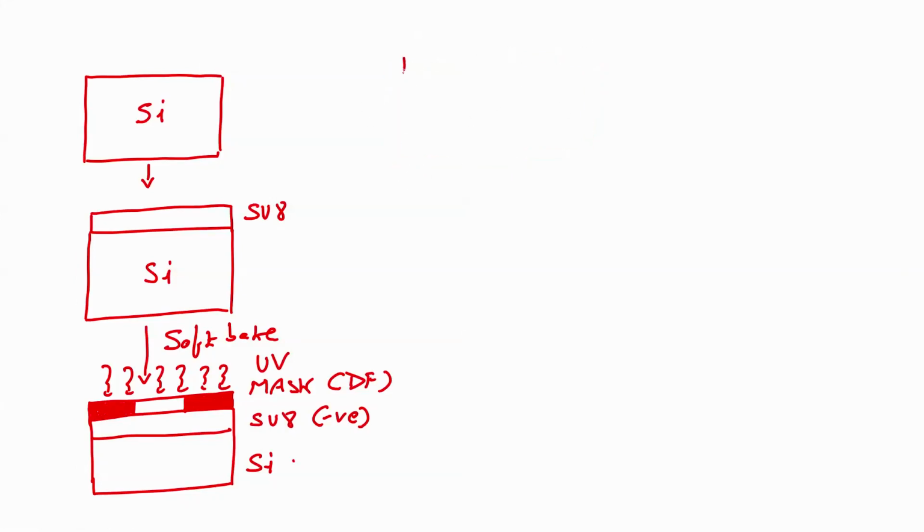SU8 is a little bit different. So, you have to perform hard bake before developing SU8. Okay? Hard bake. Now, soft bake is generally done at 65 degrees centigrade, hard bake is done at 95 degrees centigrade. The time depends on the thickness of SU8 material. It is already given in the manufacturer protocol.